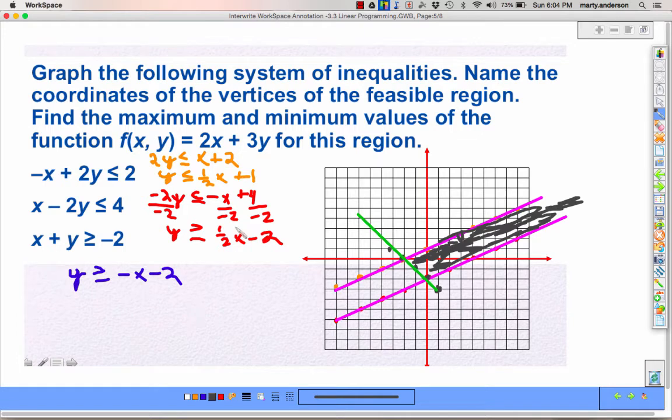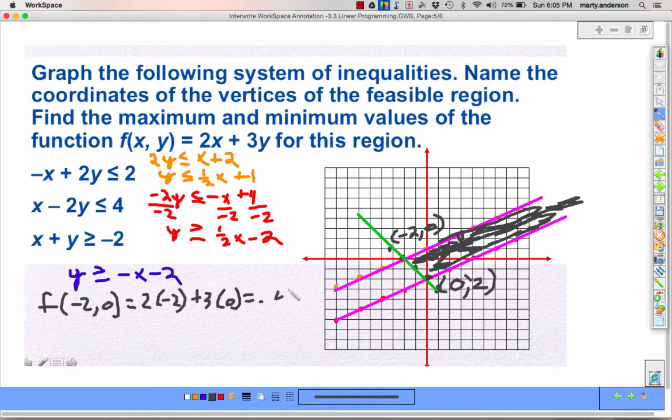So I need to get my corner points, which looks like this one is negative 2, 0, and this one down here is 0, negative 2, excuse me, obviously, 0, negative 2. And when I plug these in, first I put in my negative 2, 0, and I get 2 times negative 2 plus 3 times 0.